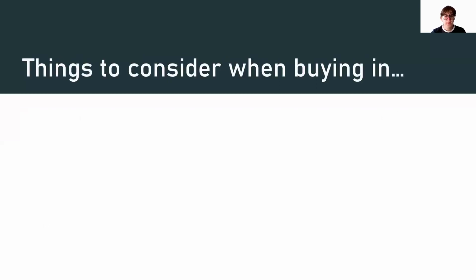So there are a few things that a business should consider when they are thinking about buying in instead of making internally. What is the reliability of external suppliers going to be like? Perhaps they can't be as reliable as you, perhaps they can't produce as many products at such a quick pace.